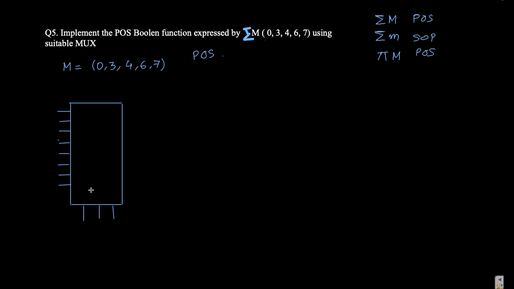Now write down the variables: A over here, B over here and C over here. A is the LSB and C is the most significant bit. So these become I0, I1, I2, I3, I4, I5, I6 and I7.